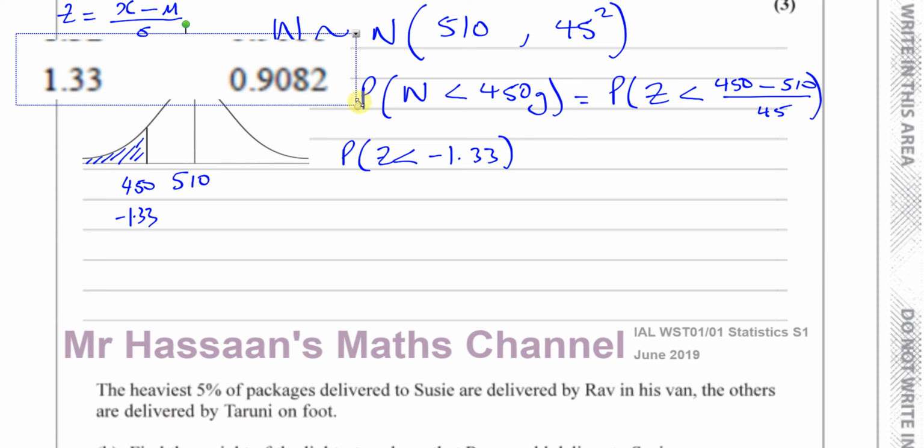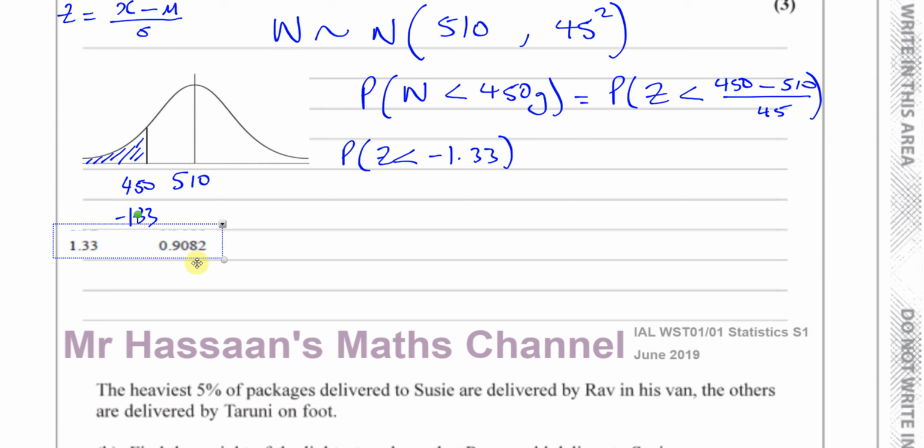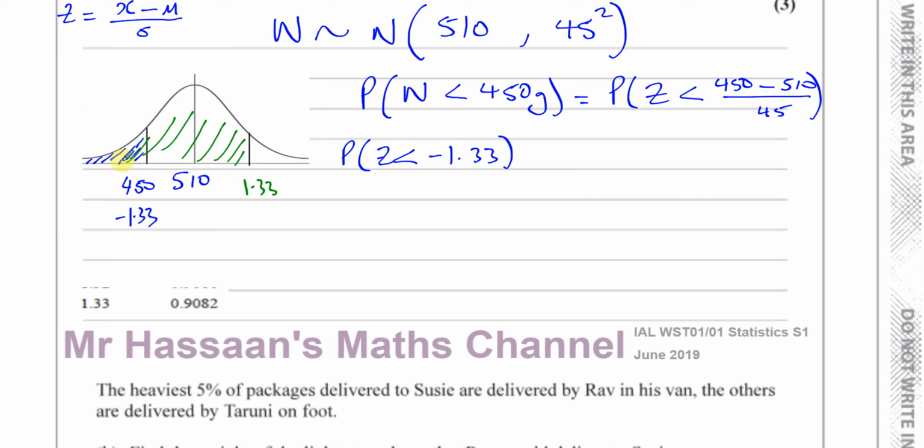So the probability that z is less than 1.33, which is over here, is symmetrical to that. Say this is 1.33. What we've got here is the area from this region all the way back down to there, and that is 0.9082.